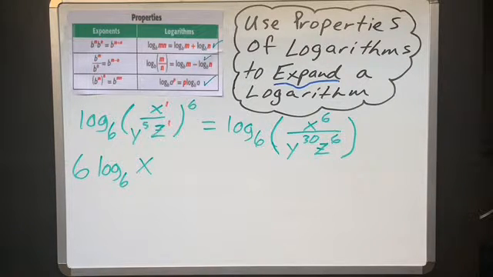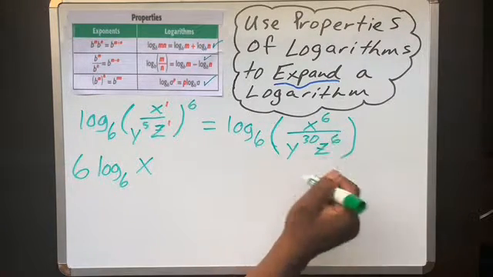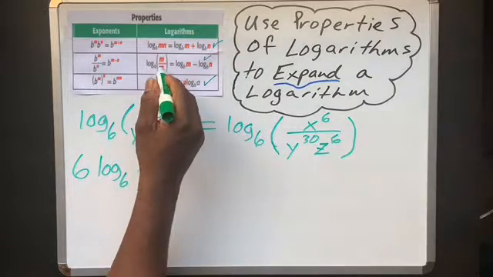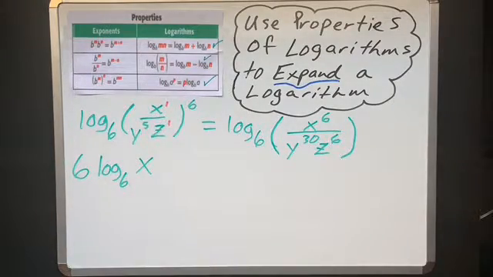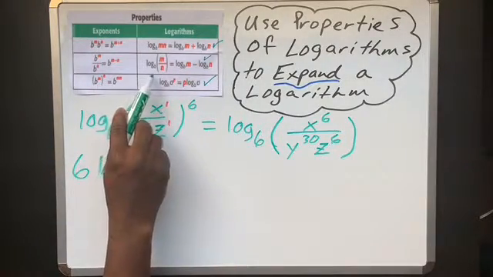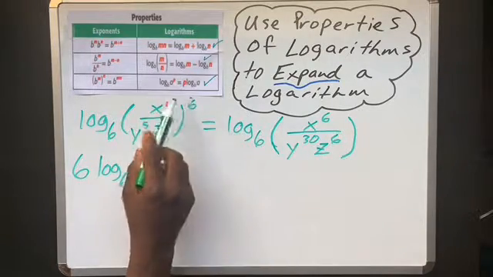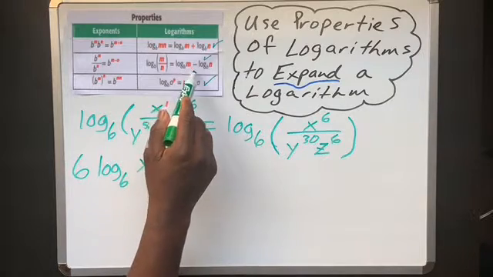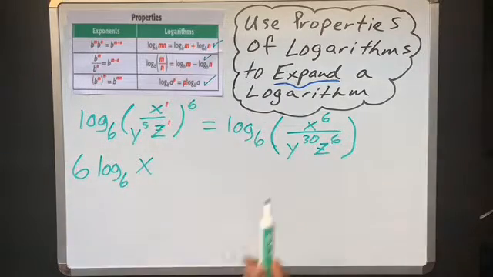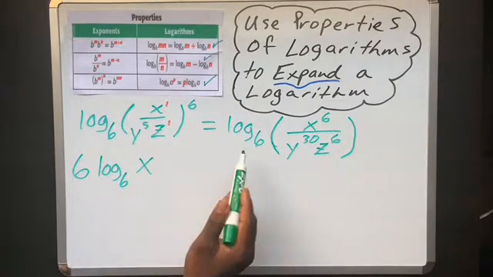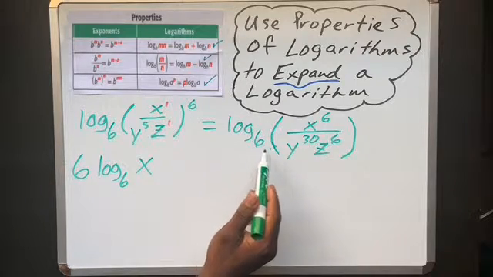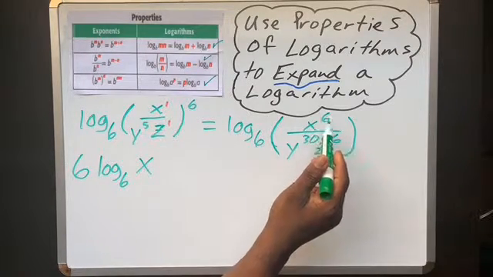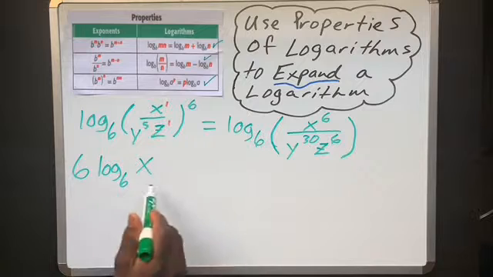So that's the numerator. And remember, this property refers to this one here, where we have log base b of m over n, and then we're going to rewrite it as log base b of m minus log base b of n. So what we did is the same thing, log base 6 of x, but it's raised to the 6, so we had to multiply that by 6.